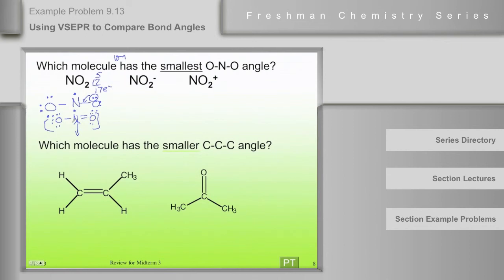The question is, what kind of bond angle can we expect for this? And the answer would lie in the shape class of the nitrogen, okay? So with this nitrogen right here, what shape class do we expect for it?